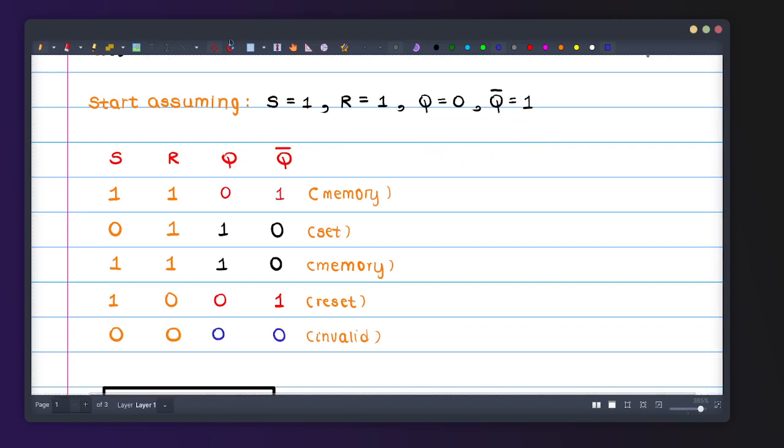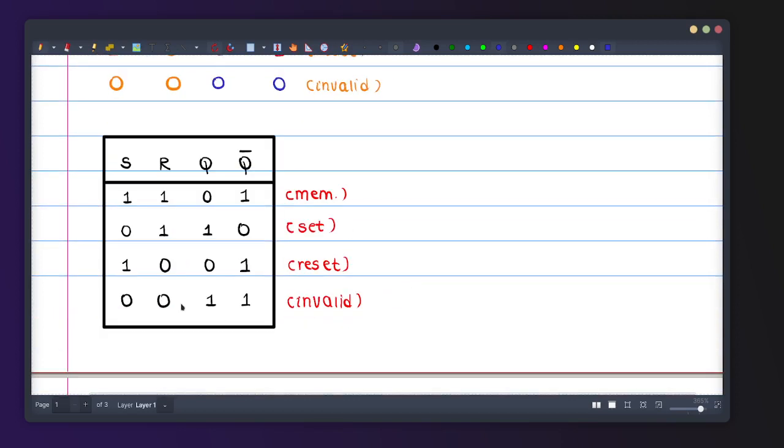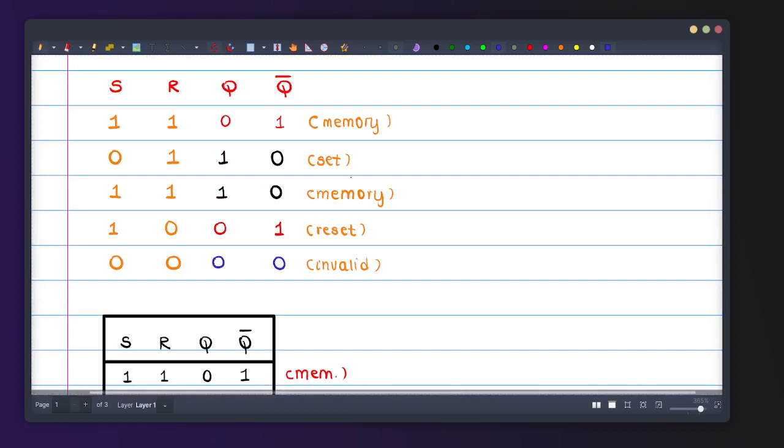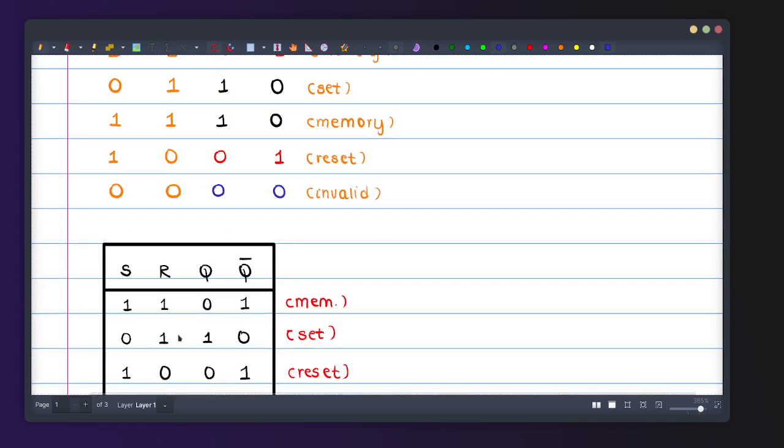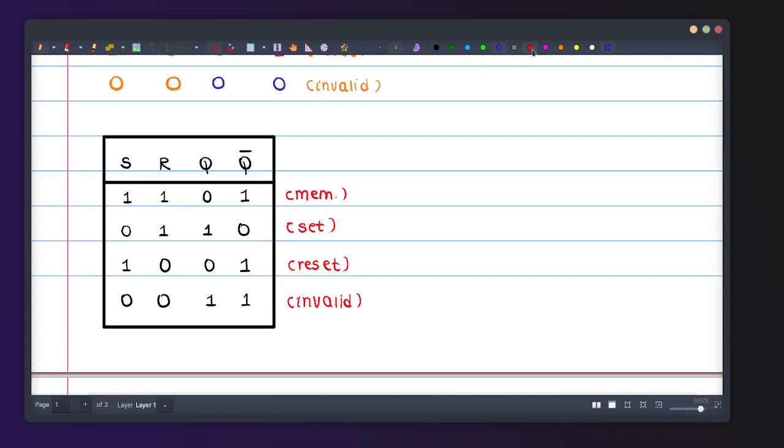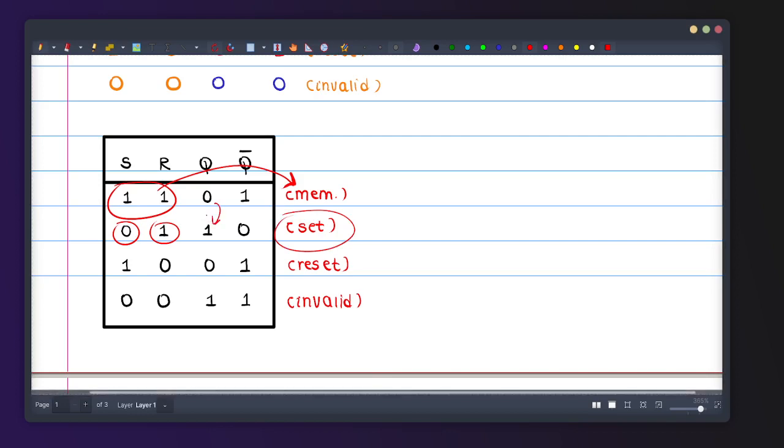Right, so this circuit table can be simplified even further to what you see here, because in this table we have two memory states, right? We don't really have to show all those two memory states. We can represent them in a simplified form where when both are ones, it's storing data. When the set becomes a 0 and the reset becomes a 1, since this is an active low system, S becomes 0, so therefore it will set a value from a 0 to a 1 in the Q output.